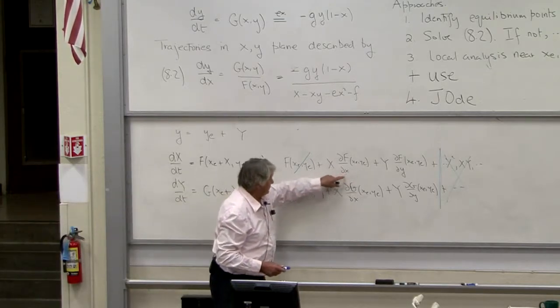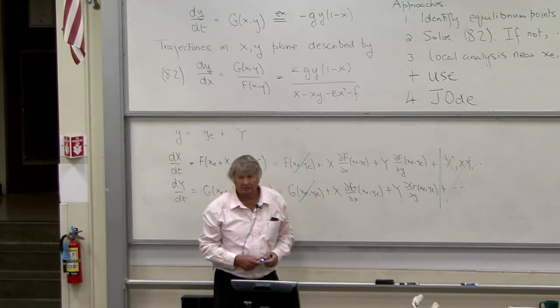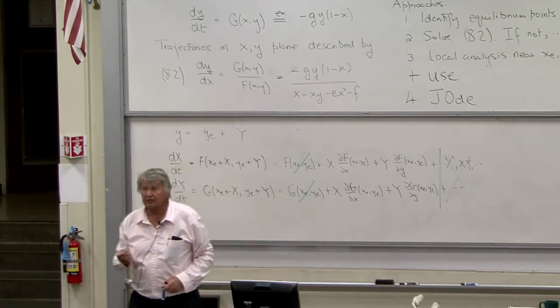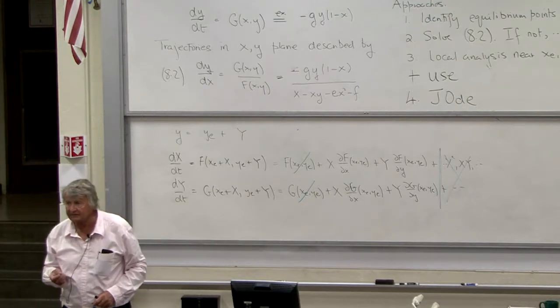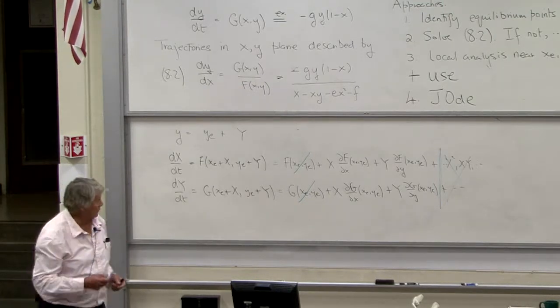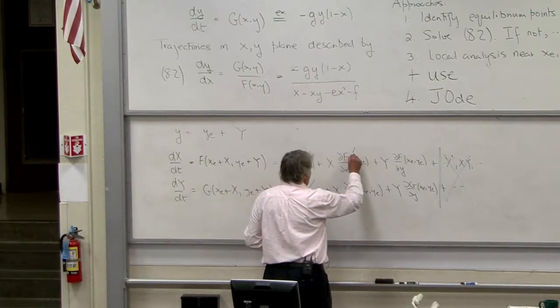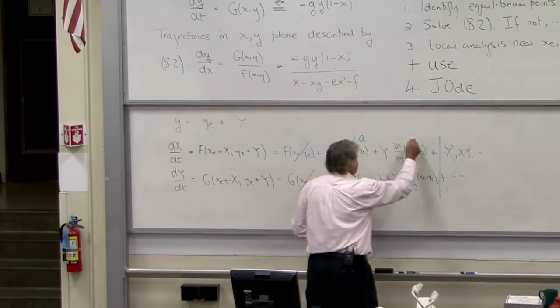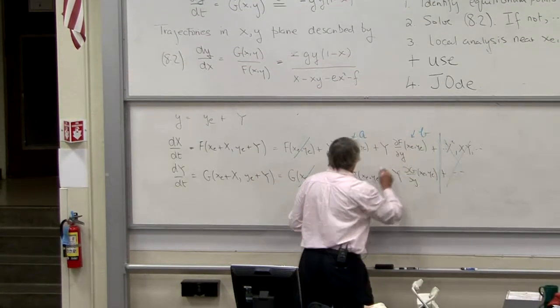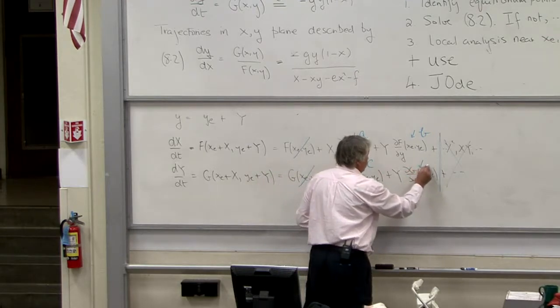These coefficients of big X and big Y are just constants. You just take the partial derivative of f with respect to x, evaluated at xe, ye. We'll do that in a moment for the example. So this I'm going to call A. This I'll call B, this I'll call C, and this I'll call D.